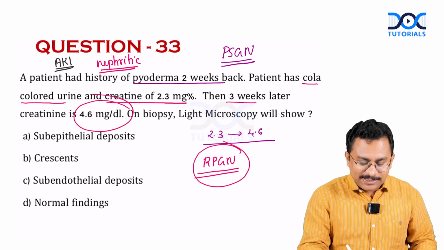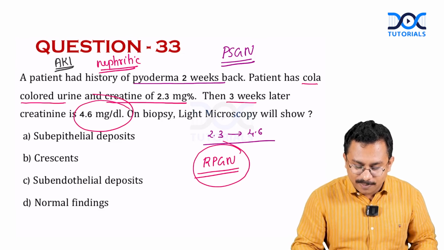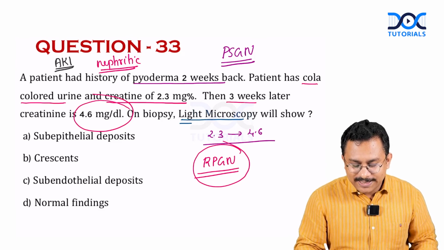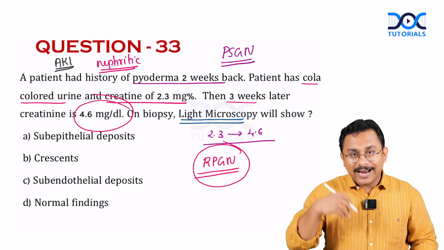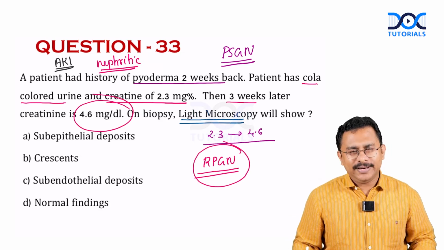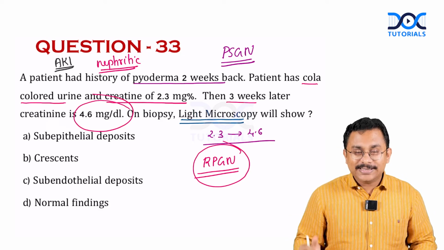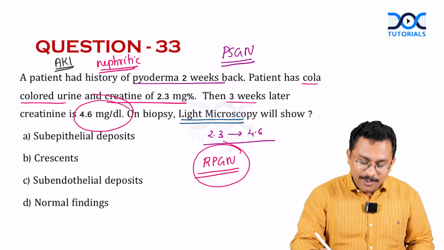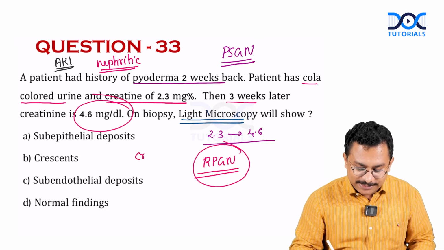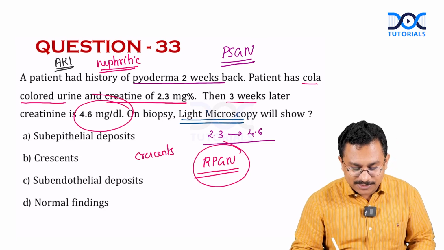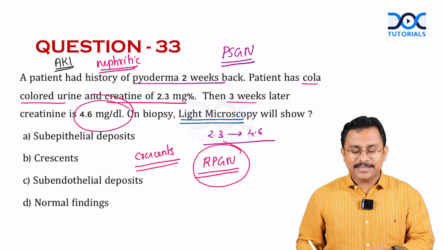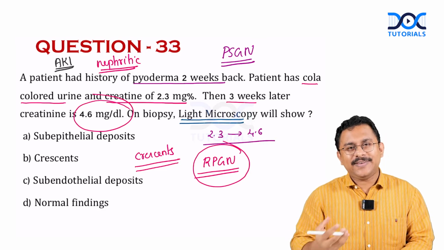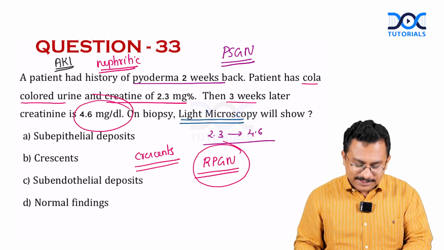Now they're asking, what will the light microscopy show? In a case of rapidly progressive glomerulonephritis, one of the unique points that you will see in the light microscopy will be the presence of crescents. I've stressed in my lectures also the importance of crescents, suggestive of an aggressive and rapidly progressive disease.